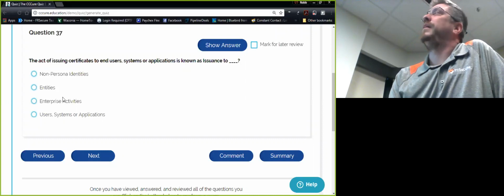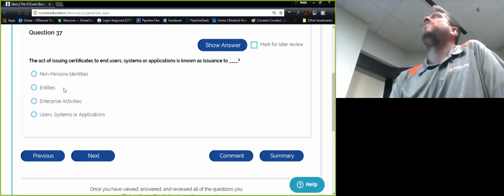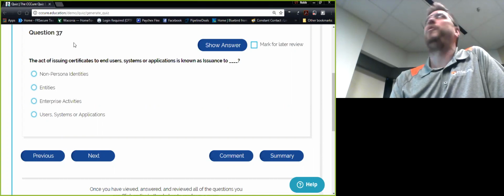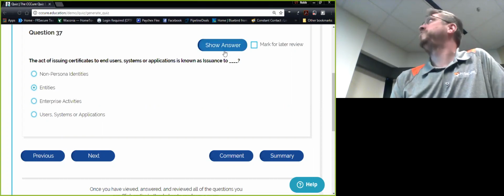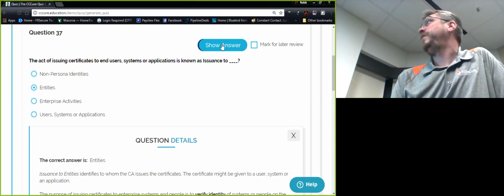I think it's B or D. I think I would go with B. Those are all entities. What does non-persona mean? Is that not a person? Yeah, or application? That's how I would read that. It's not a person, but it's saying end users. I could be right, but we'll see what happens. Issuance to entities.